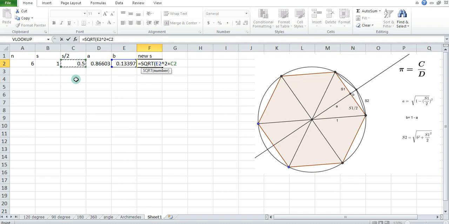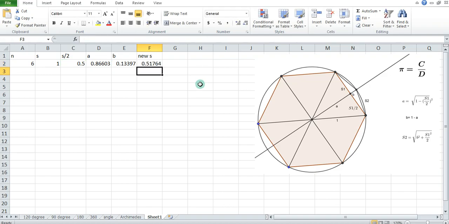This is s1 by 2, and we have to square it. Shift and press the number 6, you will see this square sign, and we have to enter the 2. So let's close the brackets.